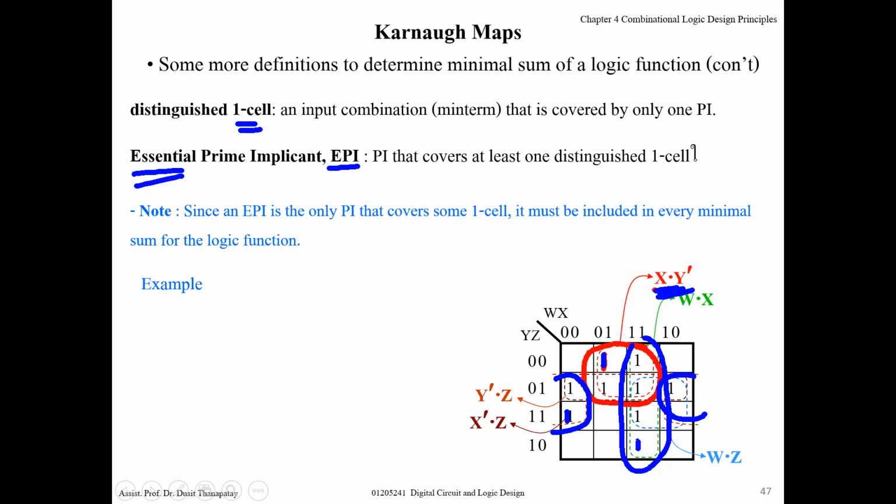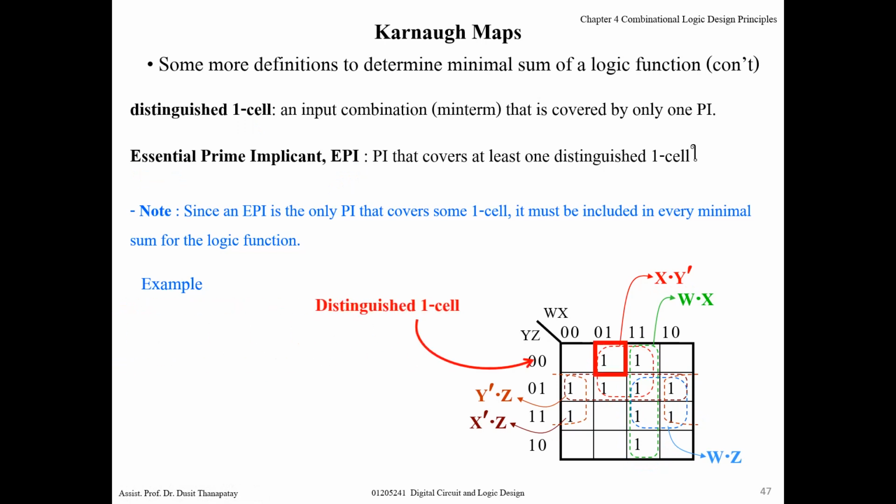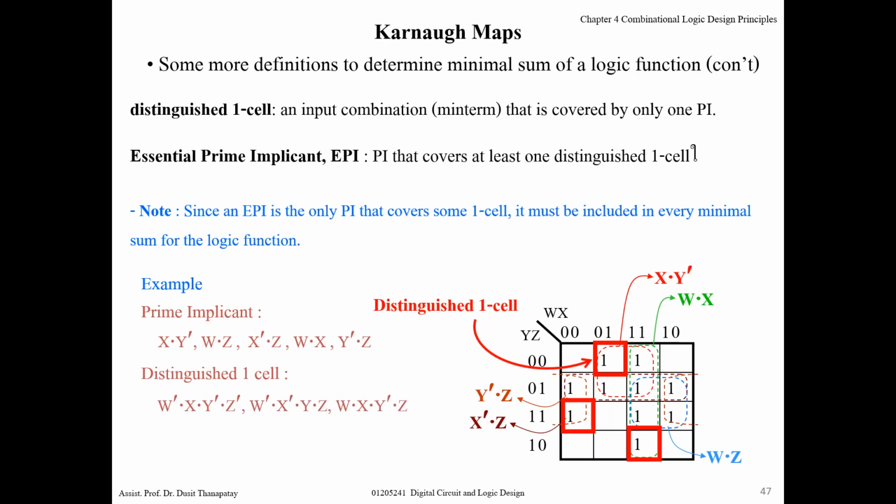So to find the minimal sum, you must select the essential prime implicants first. And if he asks you about the distinguished one cell, you should answer with the minterm or the product term of that distinguished one cell.